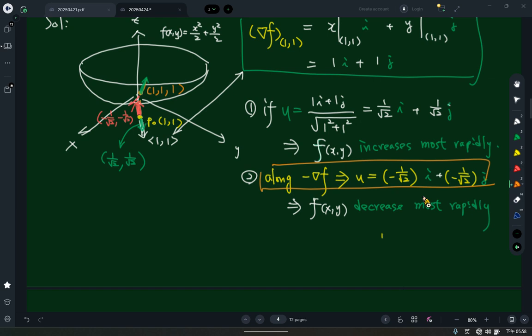This direction is in the xy plane, but if you follow it, you can find the point will be falling down by following this curve. And following this curve, you can see it decreases most rapidly.